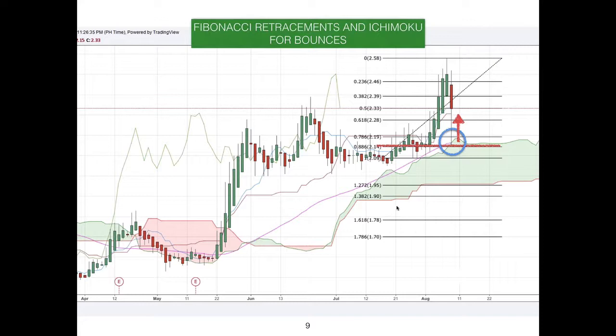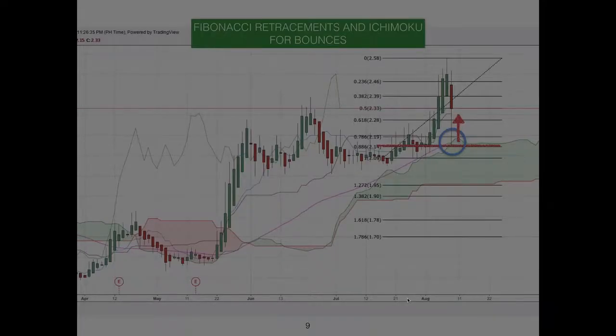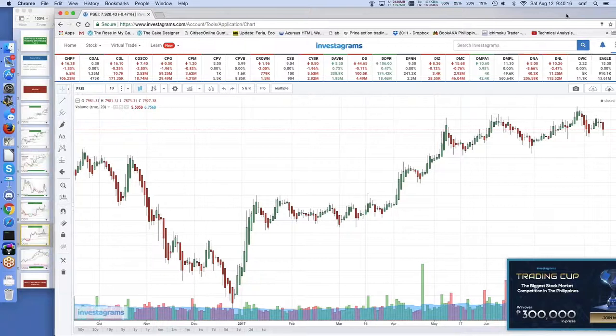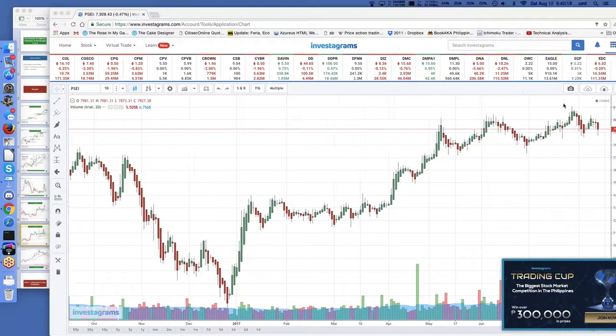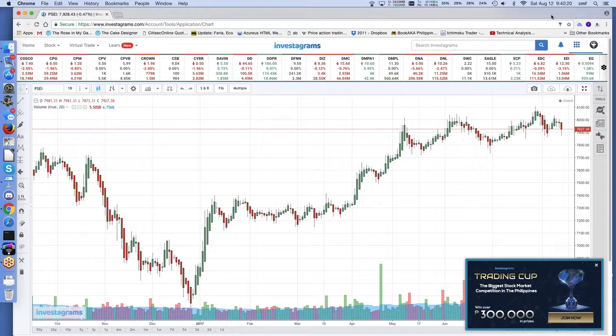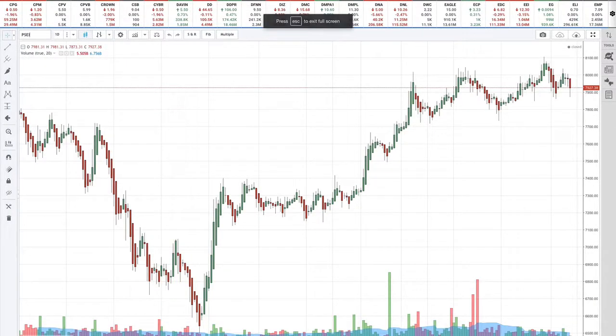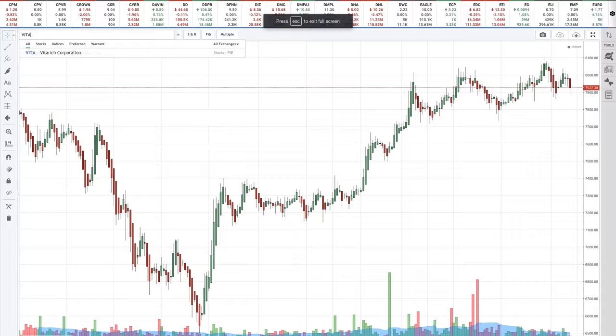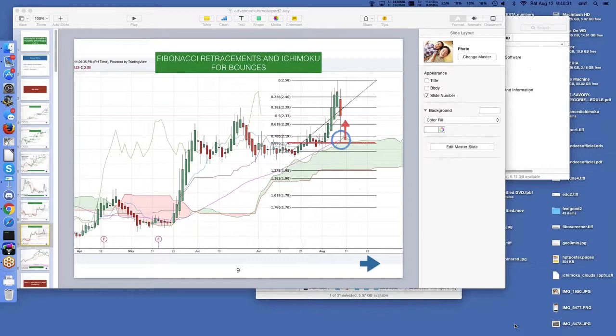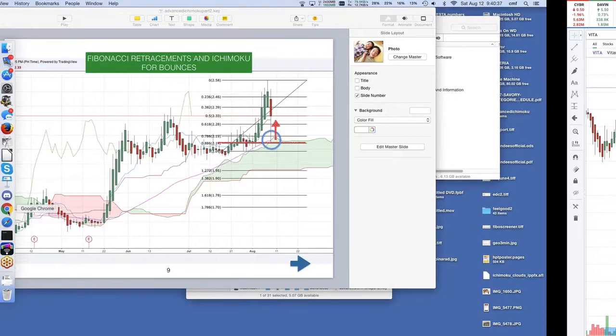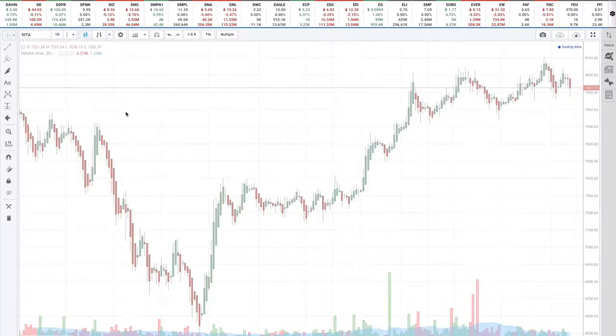If we look at the current chart of Vita, perhaps we can... It's the chart of Vita.